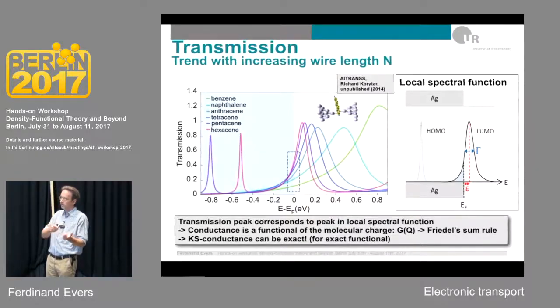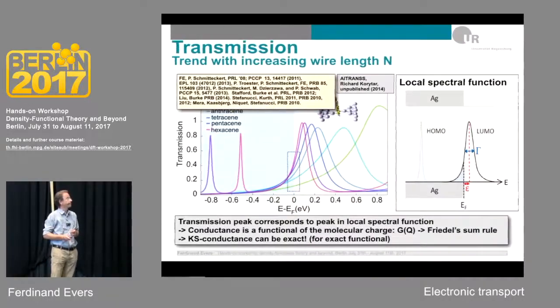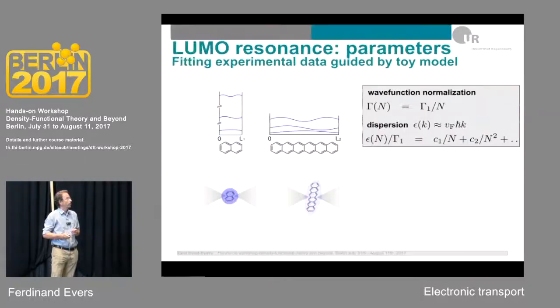If the charge saturates, then also the conductance saturates, but it doesn't have to saturate to 1. It doesn't have to saturate to half filling with respect to the state, it can be anything else. And what we actually extract now from our calculation is the amount of charge that eventually sits on the molecule in the limit where the molecule becomes very long. Good.